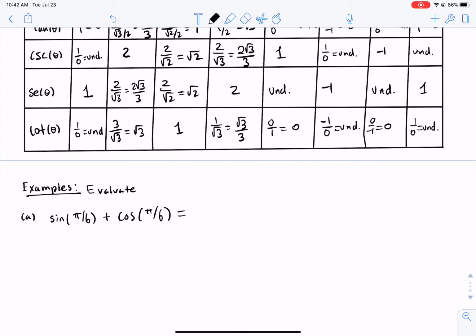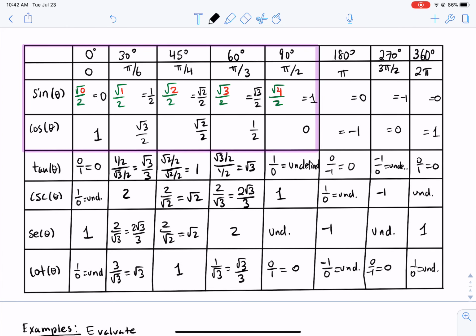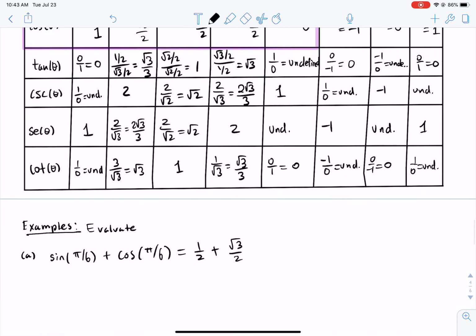Sine of pi over 6, that's going to be 1/2 plus, and then cosine of pi over 6, that's going to be radical 3 over 2. That's from the table. Again, you have to take a look at the table. Wouldn't it be easier to just memorize radical 1, 2, 3, 4, 4, 3, 2, 1 all divided by 2?